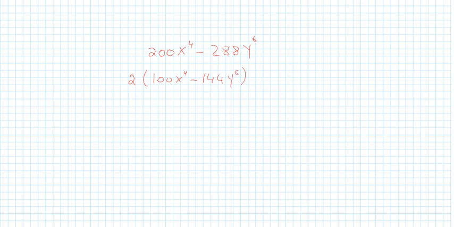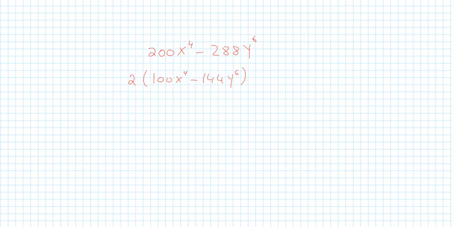No, 8. Because you're always looking for your greatest common factor. Taking out 2 is okay, but it won't be the greatest, so it won't be factored completely.